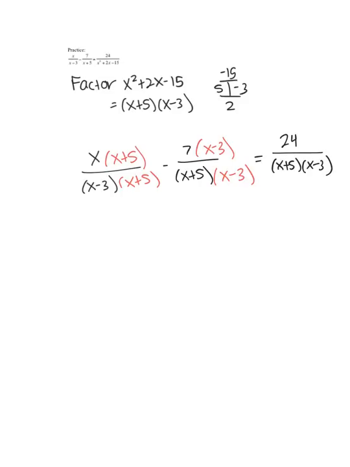Okay, so we're going to distribute this, and we're going to distribute this. So I've got x squared plus 5x. And I've got 7x minus 21.